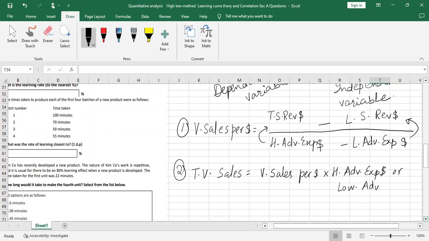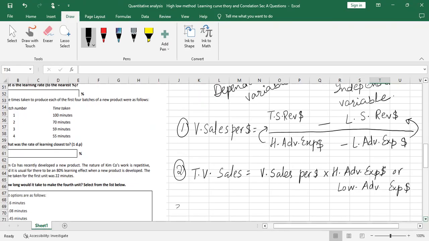Just like variable overheads per unit multiplied by highest activity level or lowest activity level, similarly you can decide either to use high advertisement expense or low advertisement expense.